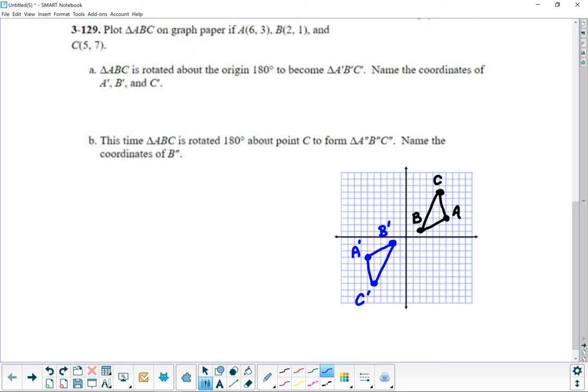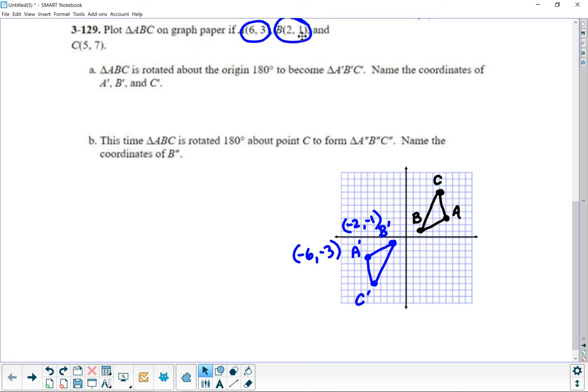Okay, the coordinates of A prime are -6, -3, which is just exactly the opposite of 6, 3. The coordinates of B prime are -2, -1, which is exactly the opposite of 2, 1.